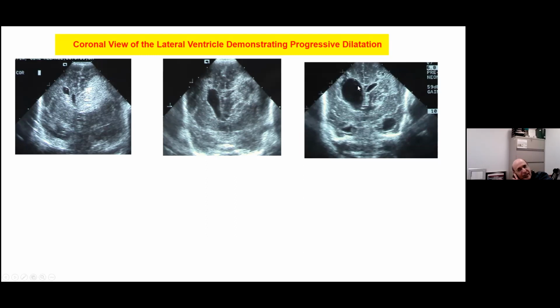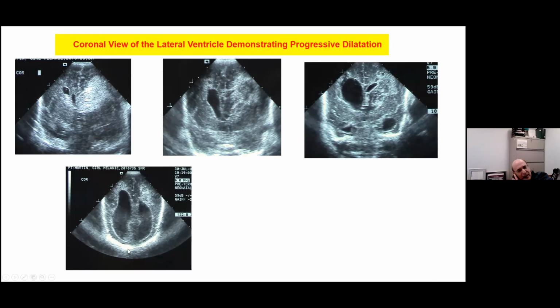And then it gets even bigger over time. And interestingly enough, the left side is now less prominent than the right side. And you can see this dissolving, maybe with additional cysts, and the temporal horns are getting bigger.